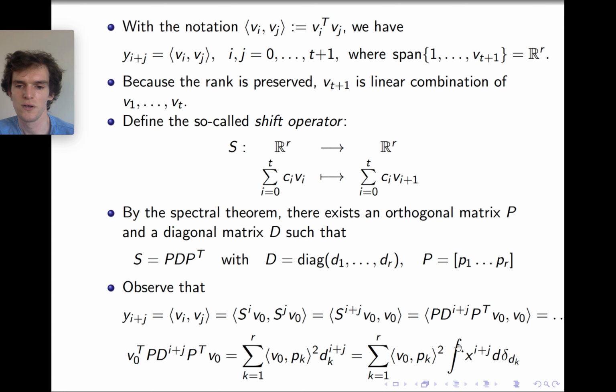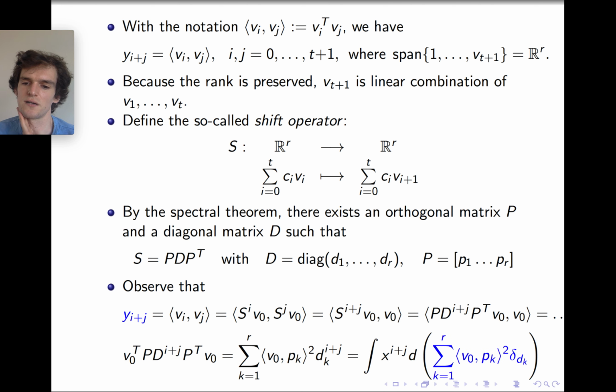So if you look at this function of x and you evaluate it at dk, that's exactly dk to the power i+j. That's exactly what you have here. It looks very fancy, but it's very simple. Now you can easily swap the integral and the summation sign, and now you found a measure.